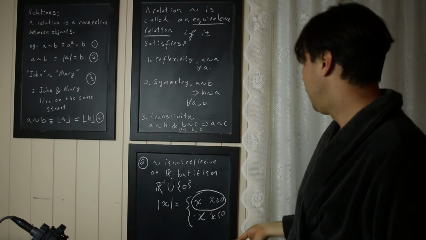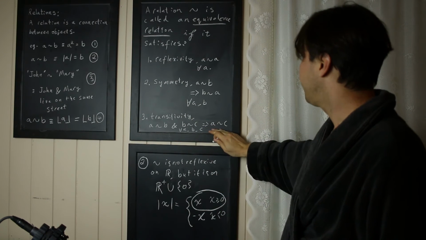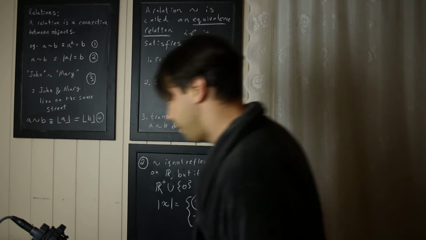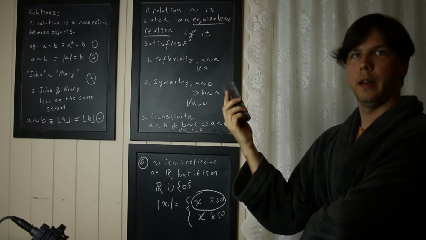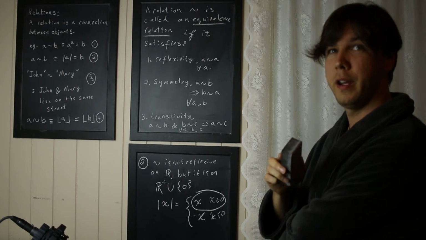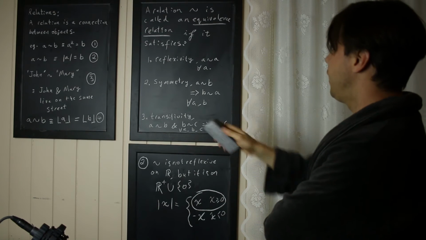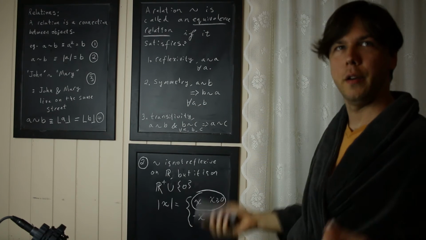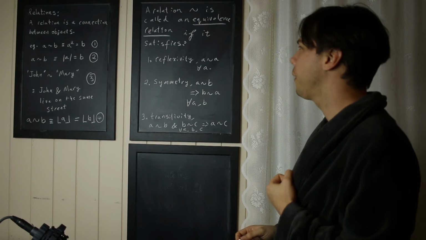Okay, so that works. Is it transitive? Well, yes. Okay. Because really, if we're just considering positive numbers, including 0, then the only time a number will relate under relation 2 is if they're exactly equal. How about 3?